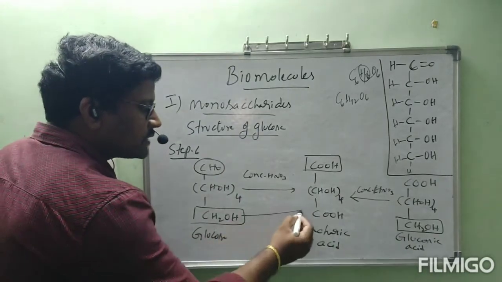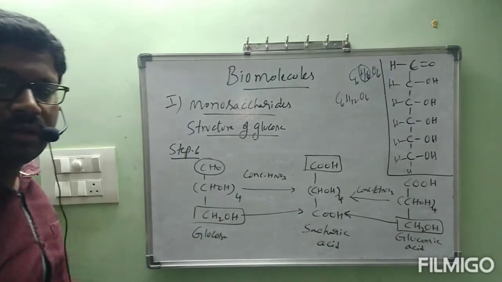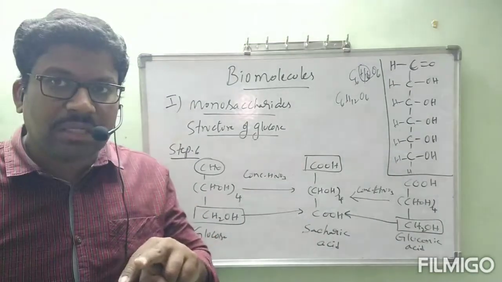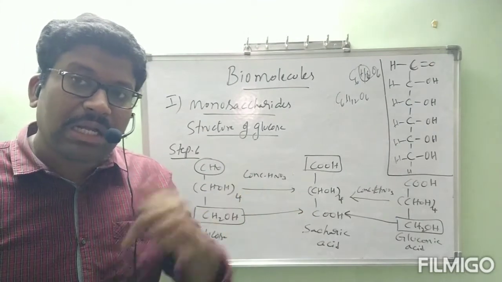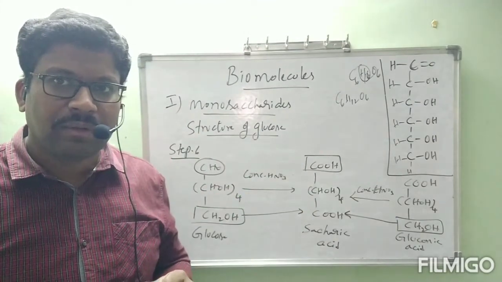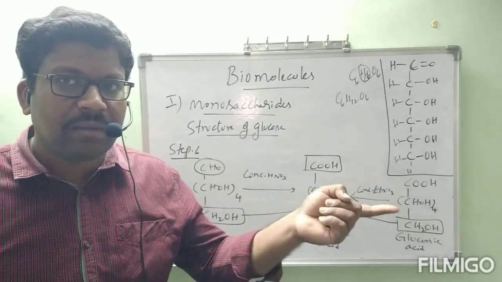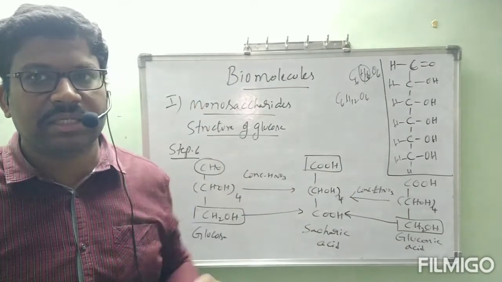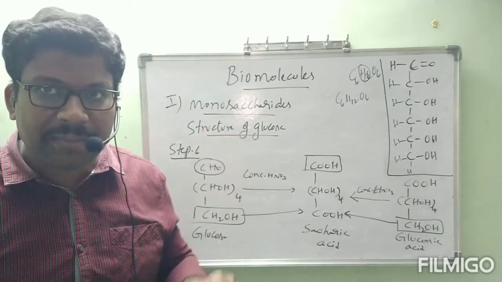This primary alcohol is converted to COOH. To convert alcohol to aldehyde, that is okay. But here, alcohol to acid, we know already. Alcohol can be converted directly to acid by using a strong oxidizing agent. That alcohol also should be primary alcohol.